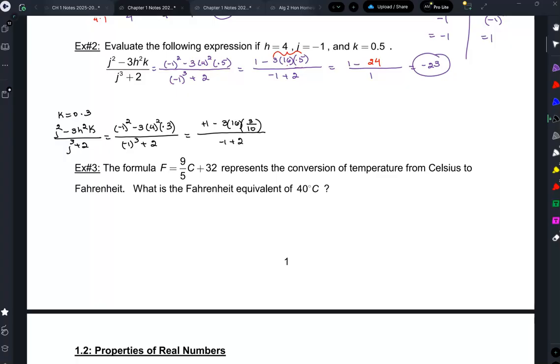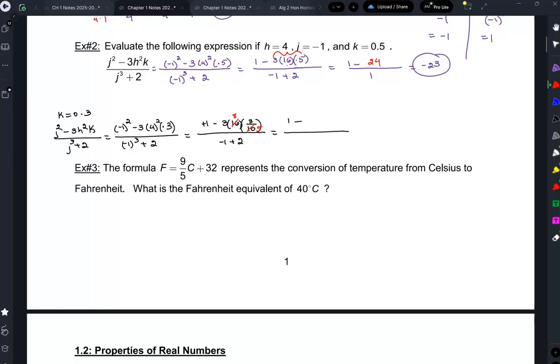Over -1 plus 2. So now this will be 1 minus, let's see what we have here. Here, the 16 and the 10 can reduce by 2. So I get 8 and 5.